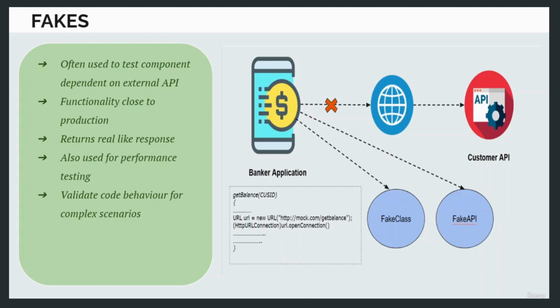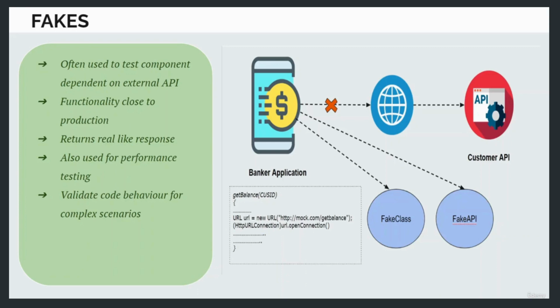They charge according to transactions per second, and sometimes the vendor APIs are not available, right? If those are being used in production, then they don't support performance testing. So here fake APIs can be used, right?